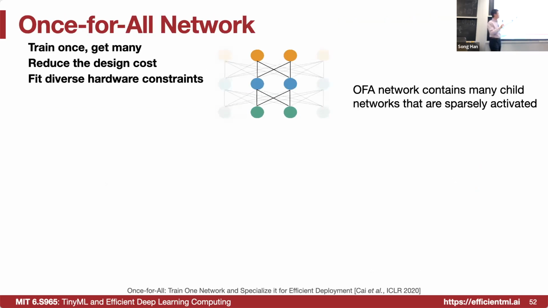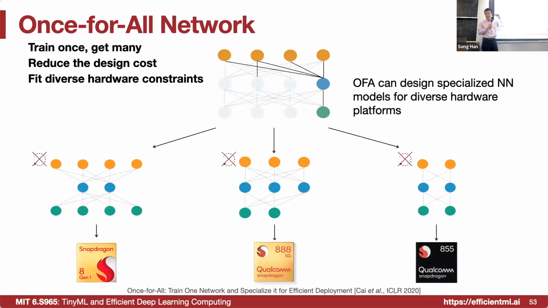But now we are training this once-for-all network. It contains many different child networks that are sparsely activated. So this is during training. At search time, given a chip with more computational resources like Snapdragon 8 Gen 1, we can select a larger subnet.